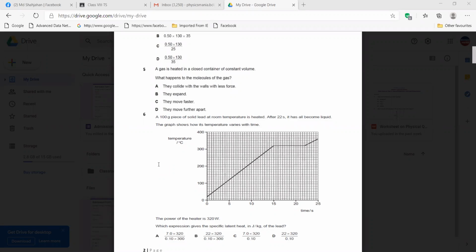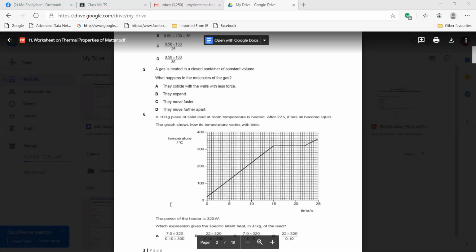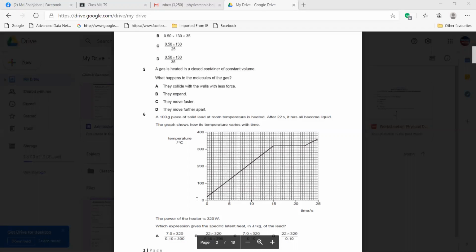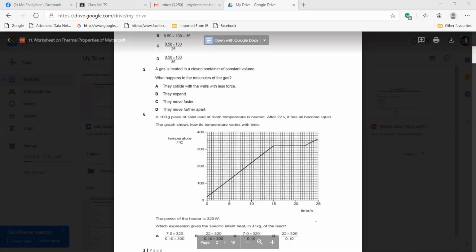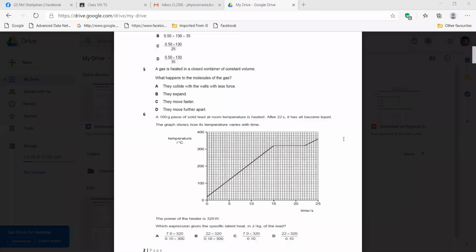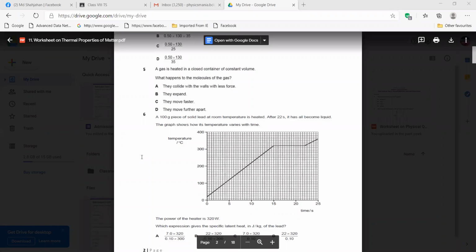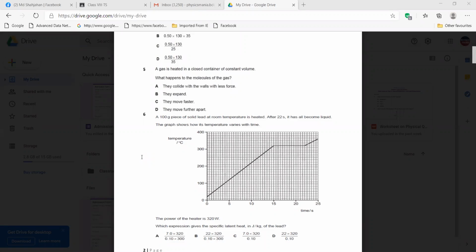In this topic we are dealing with thermal energy, so thermal energy is similar to work done, and that's why power will be thermal energy by time.